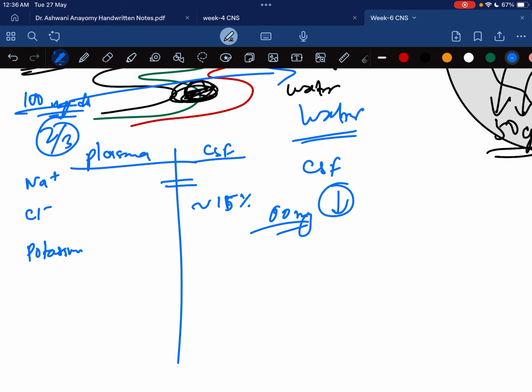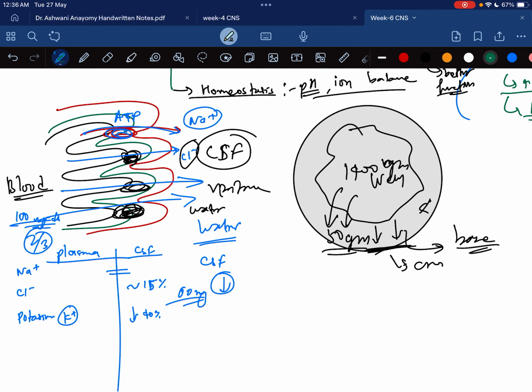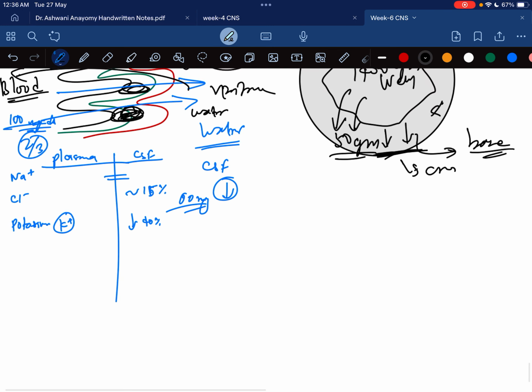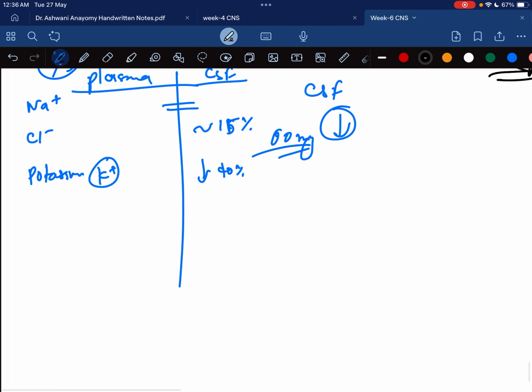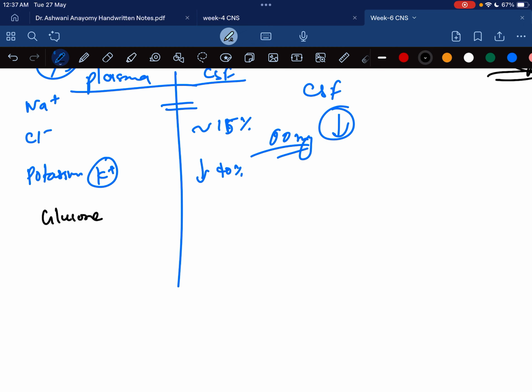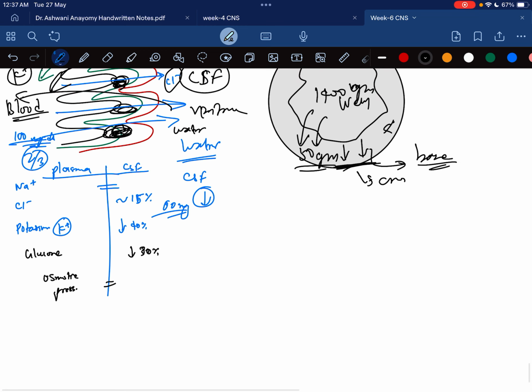Potassium is slightly decreased, by 14%, because potassium is also pumped out from the CSF to the blood. For glucose, less than 30% is present in the CSF, and the osmotic pressure is equal to the plasma.